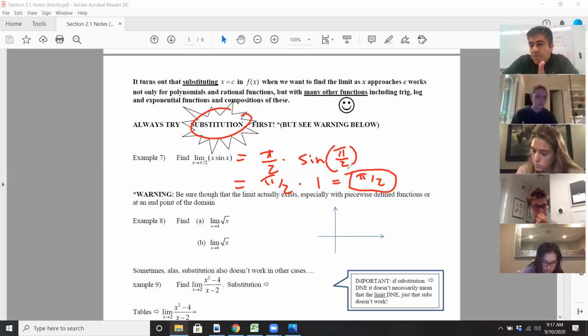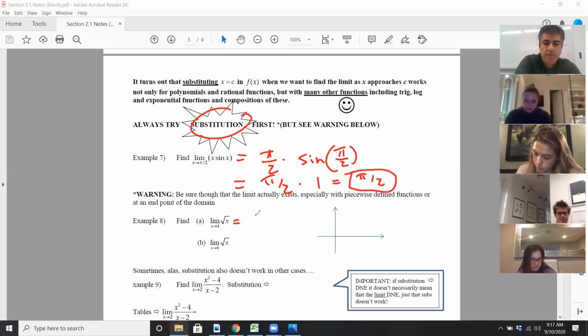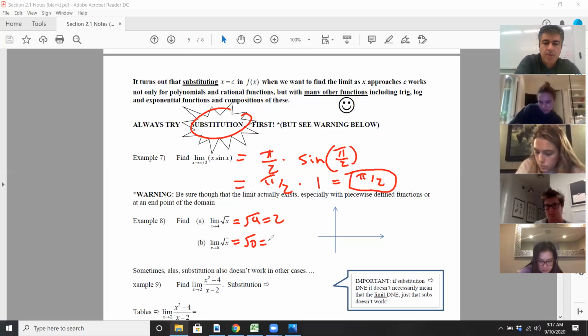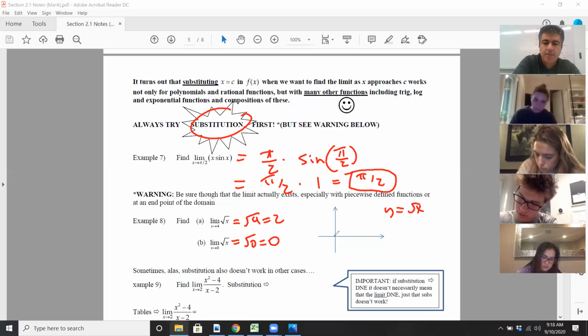But anyway, sometimes that works. Let's try it again. Look at 8a. You're just going to do root 4, which is 2, or root 0, which is 0. And if you were to graph y equals root x, there's definitely a point at 0, 0.